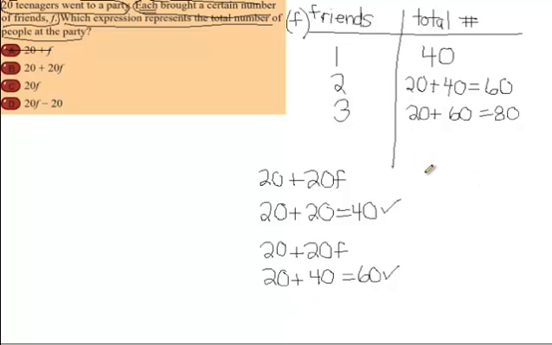Let's do this other one to the side over here, just to make sure we have enough room. 20 plus 20F. F equals 3. 20 plus 20 times 3. You do the scratch and match in my head. That's 60. That gives me 80. Also correct.